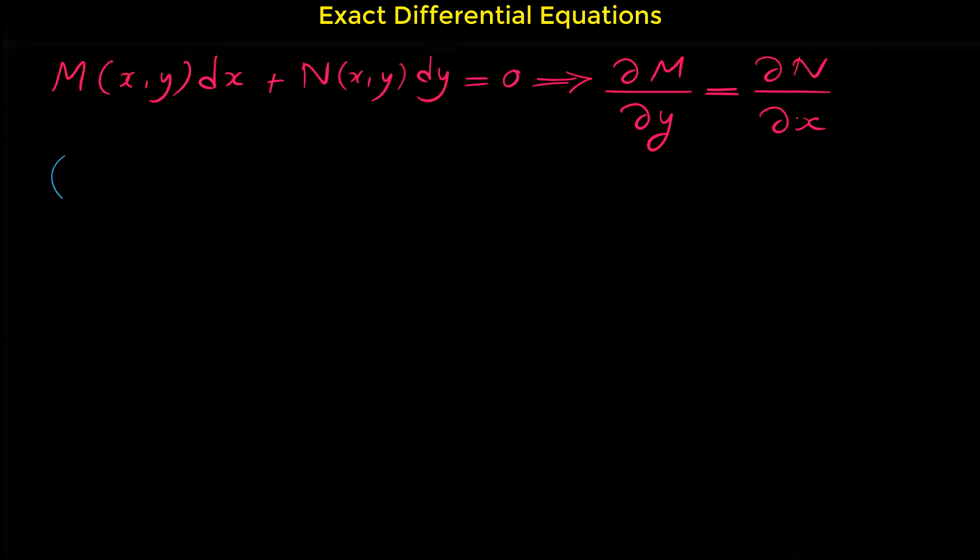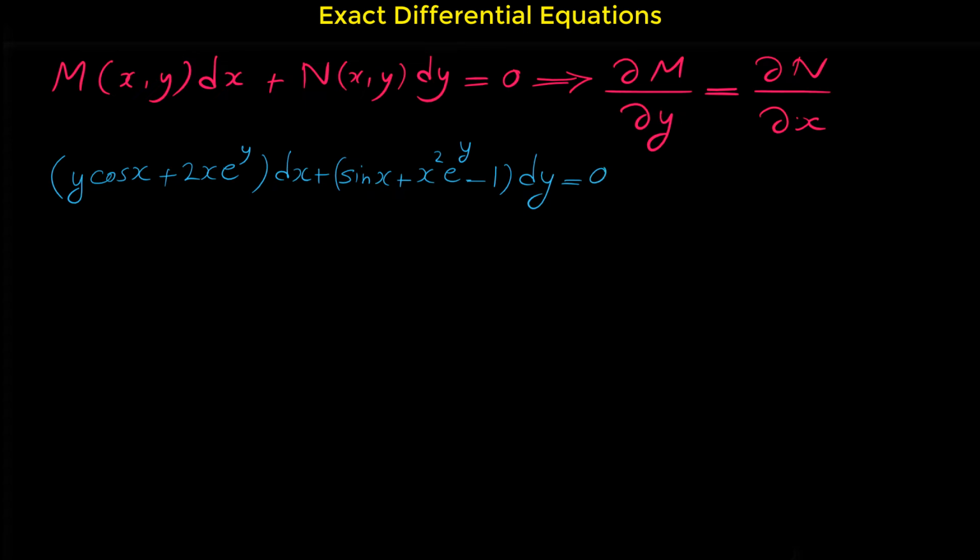Our first example here is (y cosine of x plus 2x e to the y) dx plus (sine of x plus x squared e to the y minus 1) dy equals 0.